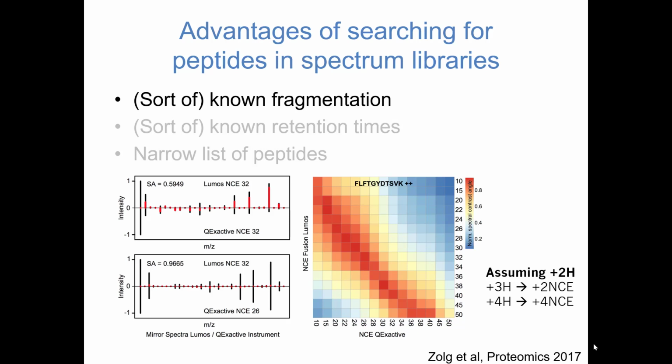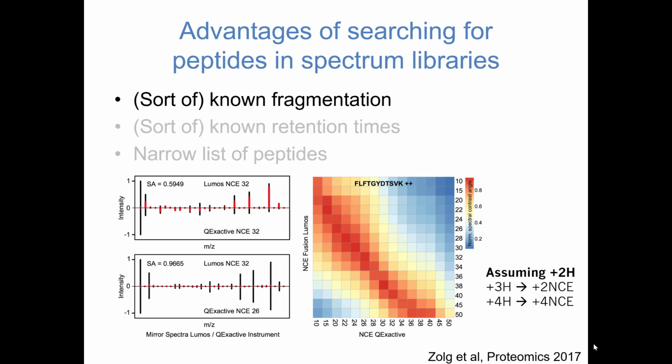But there are lots of other reasons to want to use that type of data. There are, I think, 3 big reasons that people would typically think of for using a spectrum library to do searching. We talked about this a little earlier, but probably the most common one you would think of is that you know roughly what the fragmentation of that peptide is, and roughly what retention time that peptide has, and you have a much narrower pool of peptides to go out and look for.